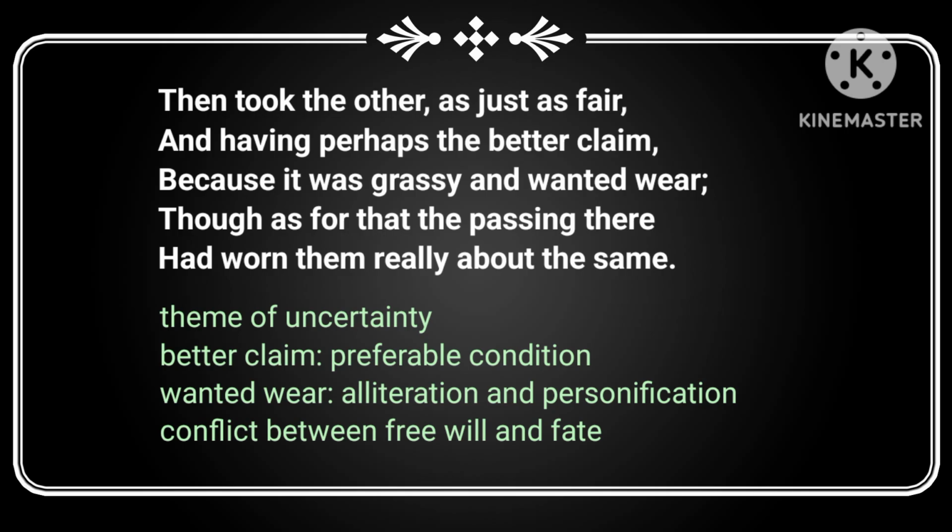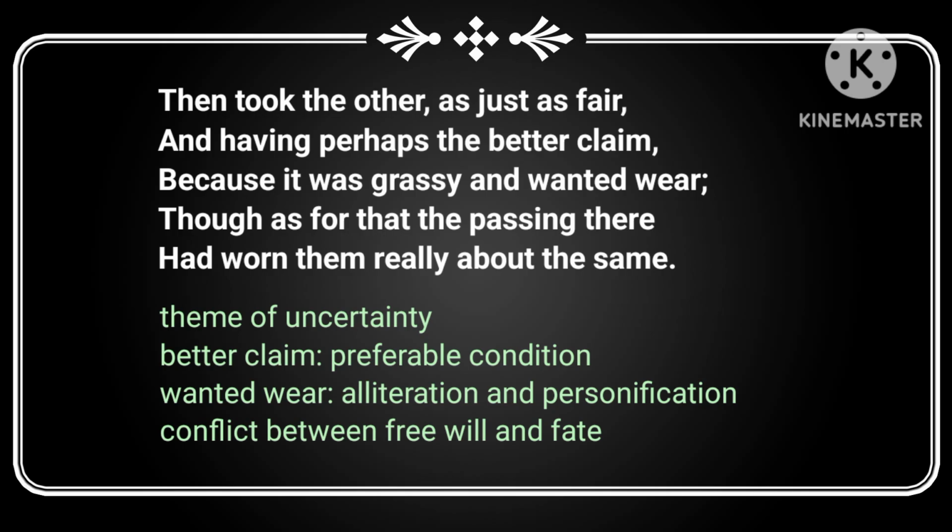Though as for the first path, which the speaker dismissed, rejected, that here refers to the road that was not taken. The passing there had worn them really about the same. So here again the phrase about the same evokes a theme of uncertainty.